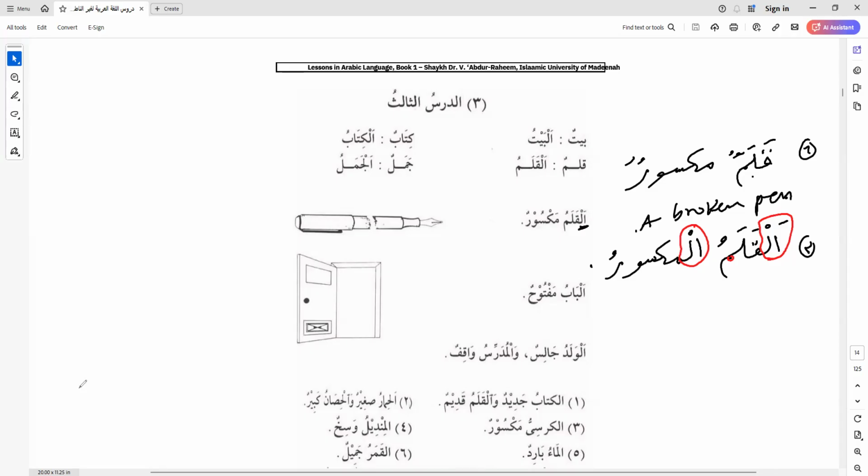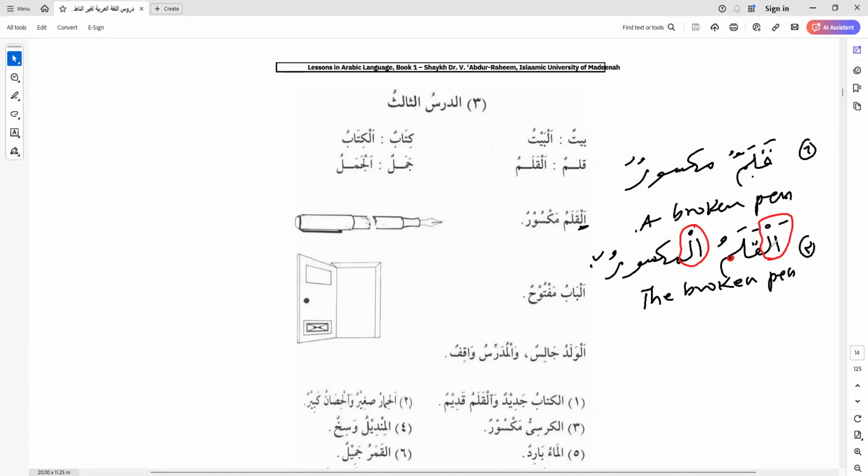All right. So what's the meaning of this sentence? It means the broken pen. Now, you're not going to say the pen, the broken, in English. We don't speak like that. We say the broken pen.